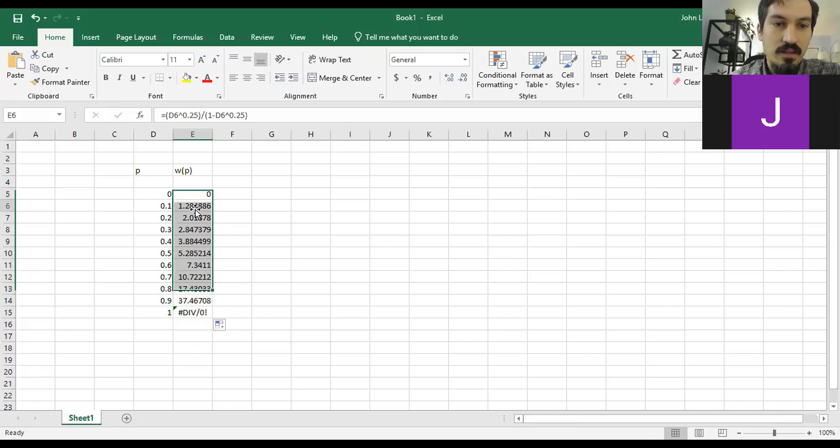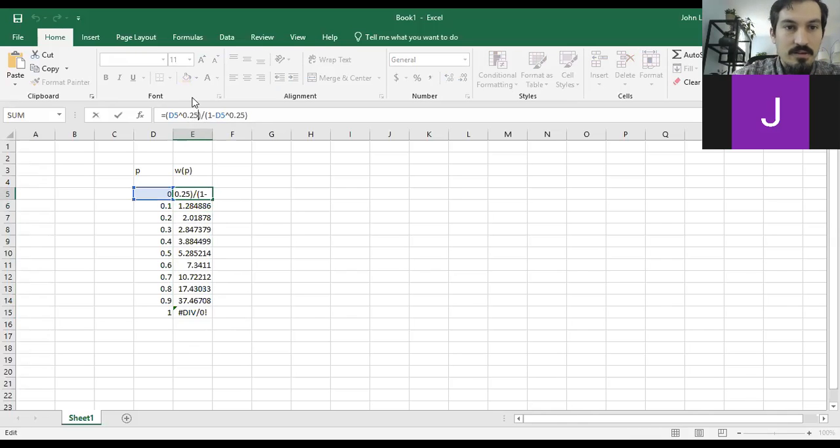Oops, that was wrong. Okay, what did I do wrong? That's embarrassing. Yeah, the denominator should always be bigger than the numerator, and that apparently isn't happening here. Did I do this formula wrong?